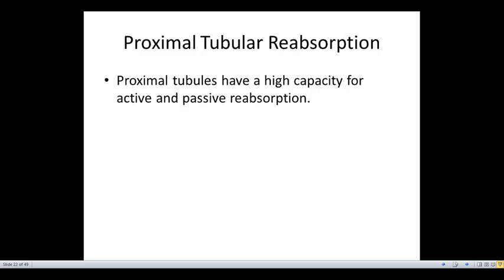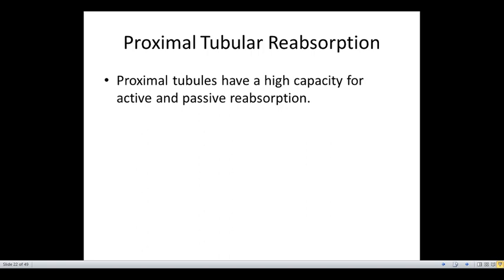Proximal tubules have a high capacity for active and passive reabsorption. This high capacity of the proximal tubule for reabsorption results from its special cellular characteristics.